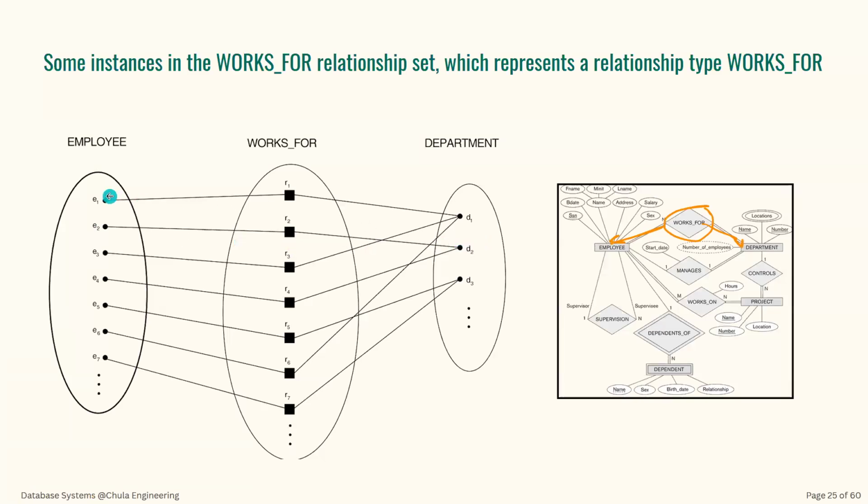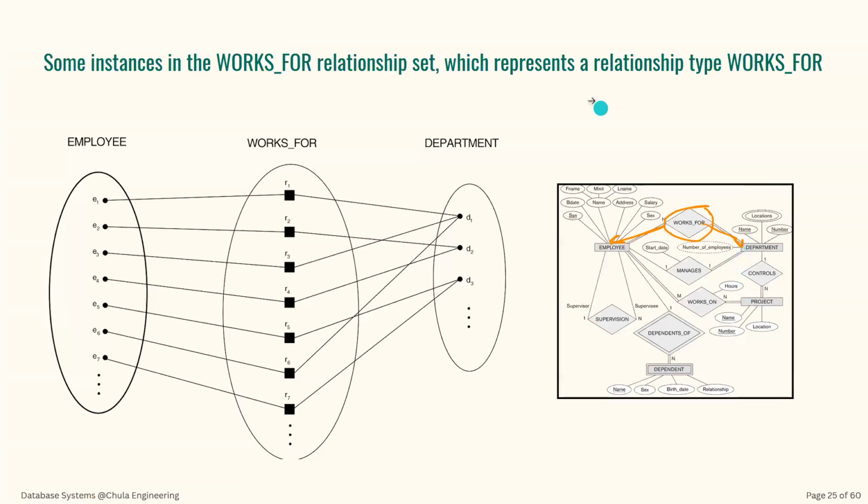You will see that each employee can only work for one department, but each department may have many employees. So this type of relationship is called one to many, meaning that one employee works for one department, but in one department you have many employees. So on this side, the relationship here would be one to many.